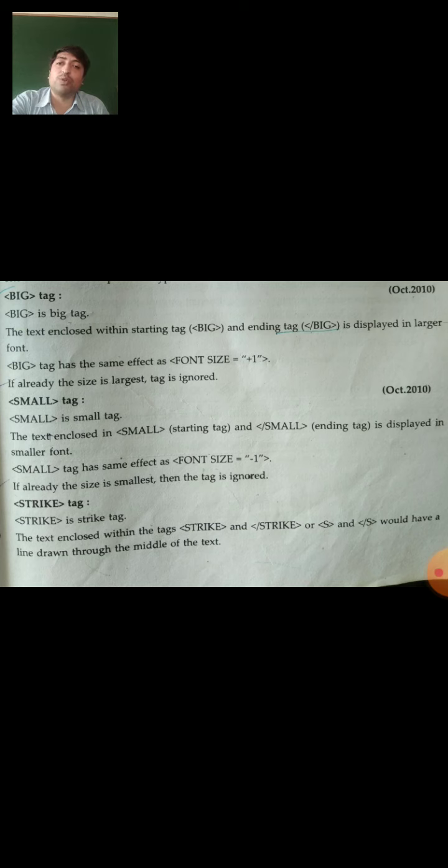Strong tag is useful for showing the text in the strong format, bold format. It is similar to the B tag. There are two tags that are very similar: EM tag, meaning emphasis tag, and strong tag, which shows strong text, meaning bold text. I will show you the output for that.